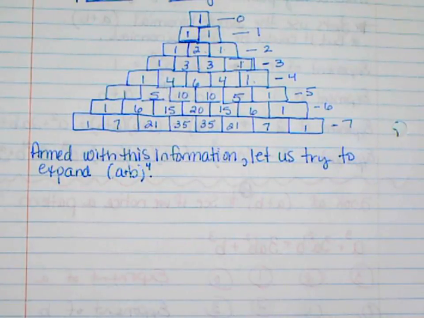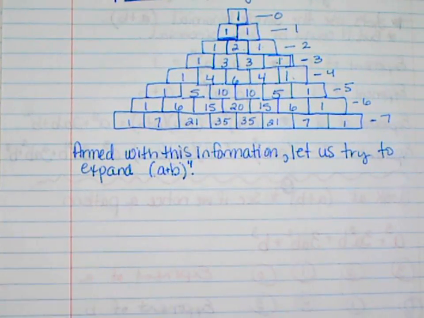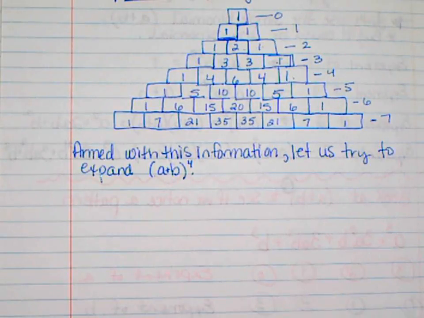When it says expand, it just means multiply all that out. A plus b times a plus b times a plus b times a plus b. FOIL it all out, get it in standard form. Okay? We know how to do it long-handed. We're going to do it using the binomial theorem. Right on? And the way I'm going to write this out and put it together, when you do it on your own, you may go straight to putting it all together, but y'all know how I am.